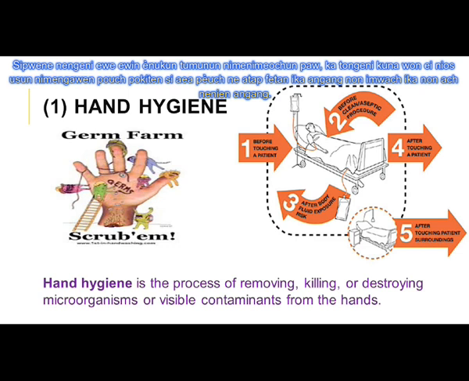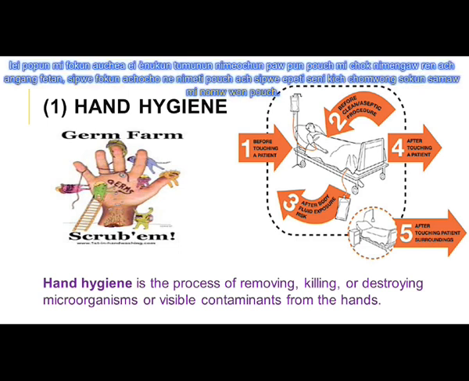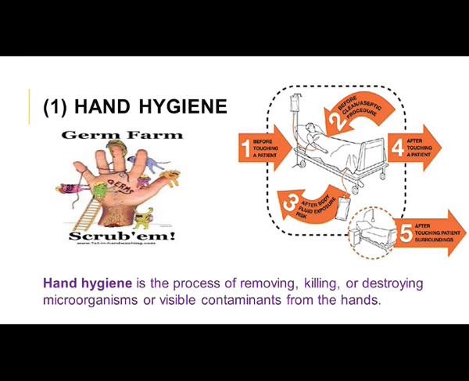They are the most contaminated part of the body because whenever we pick up items and do our daily chores or work, our hands move between different places. So our hands harbor a lot of germs. Sometimes we term it the germ farm. So hand hygiene is an important part. When you continually do hand hygiene, you'll be able to kill, remove, or even destroy those living microorganisms and any other visible contaminants on the hands.